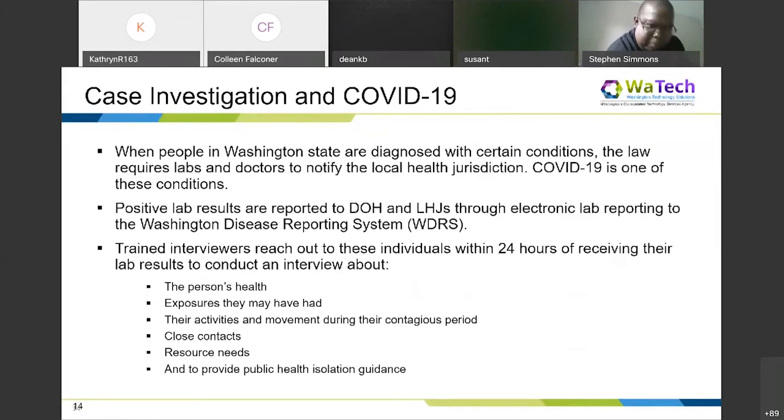So case investigators are actually getting the lab results from the doctors and labs, and they're mandated to report these conditions under Washington law.